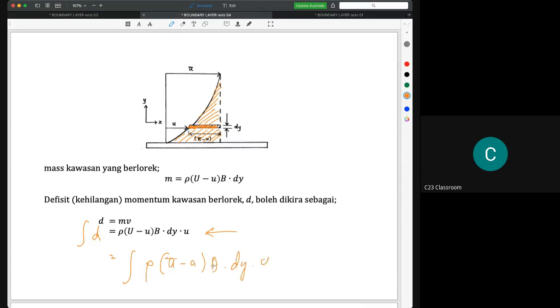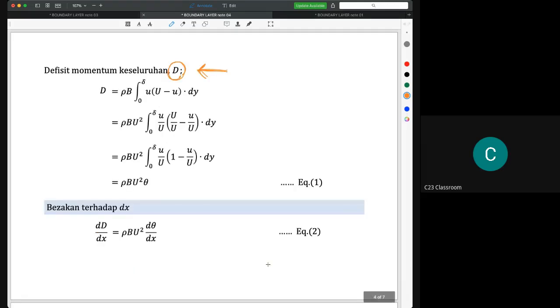Because we want to integrate with respect to y, the rho here and also the b here are constants, so we could put them outside the integral symbol. So now we have U minus u with another u here and dy.